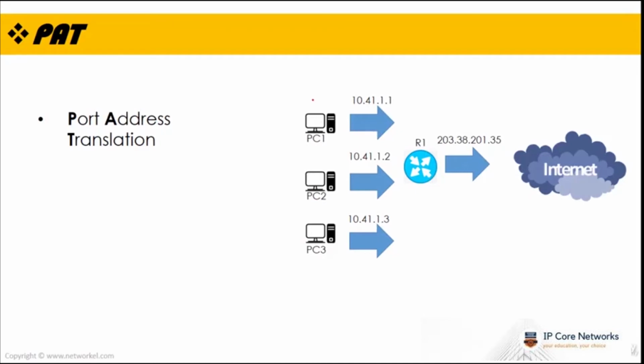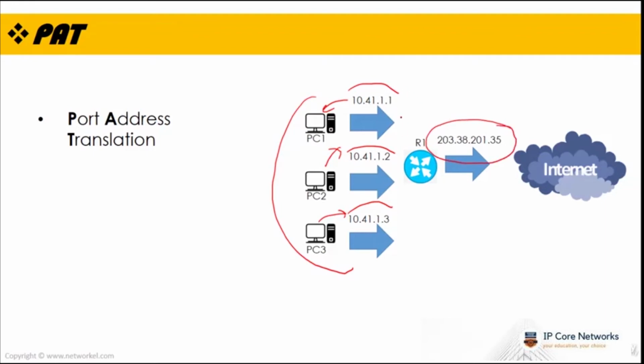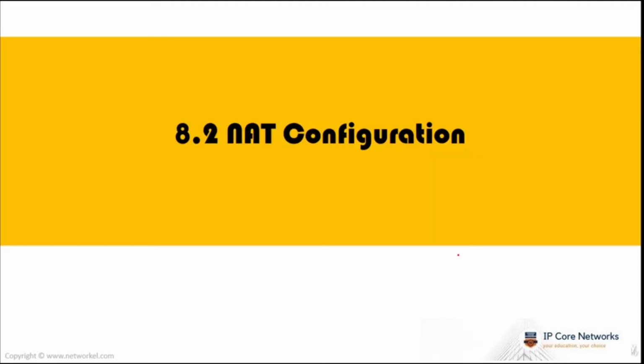In this method, we have PC1, 2, and 3, as you know, and all of these guys have private IP addresses like this, and this for each PC, and we just have one public IP address. All of our private IP addresses are being converted to a single IP address in the PAT method.